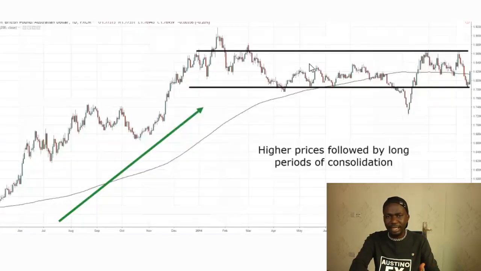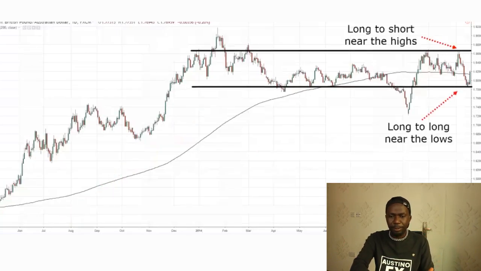So just like the accumulation stage, in this stage, both the buyers and the sellers are in equilibrium. The sellers sell from the highs, the buyers buy from the low. So in this scenario, the buyers and the sellers are in equilibrium. They are exchanging prices.